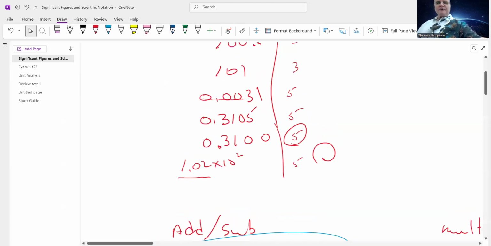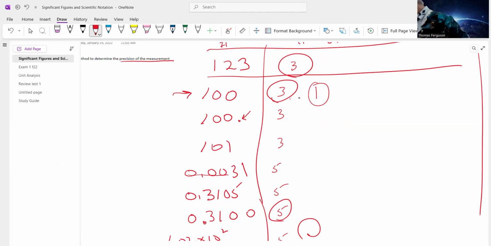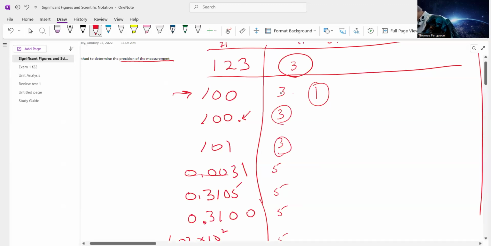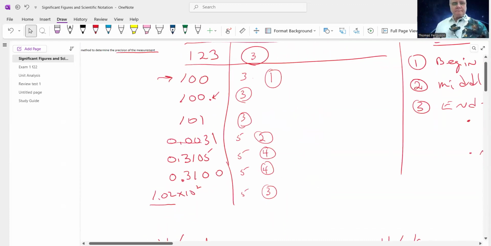Okay, so I'm going to circle the correct one. So the first one, 123, 3 sig figs.